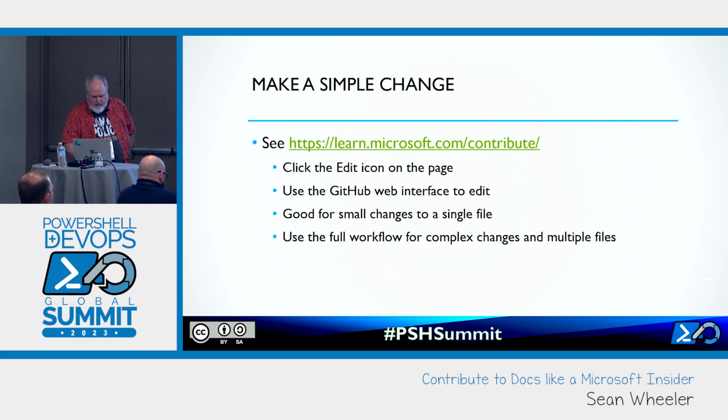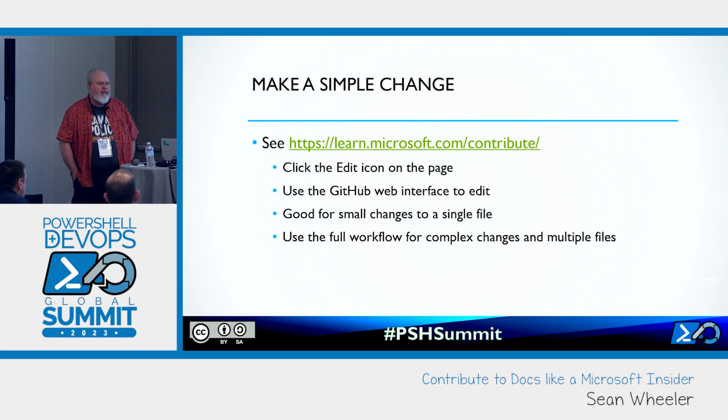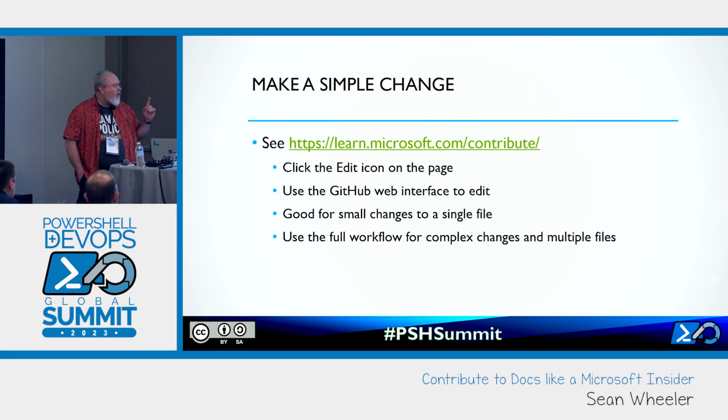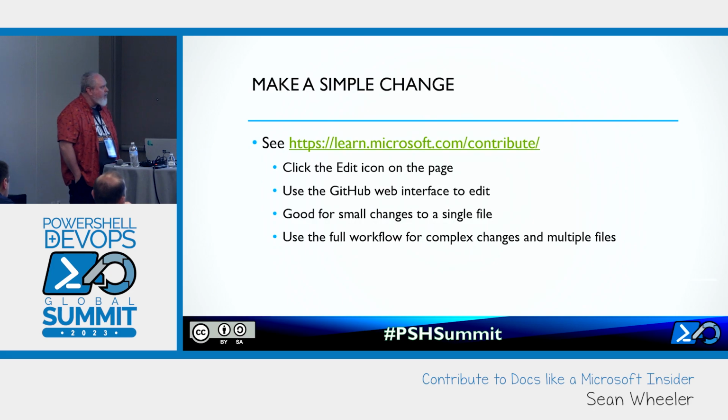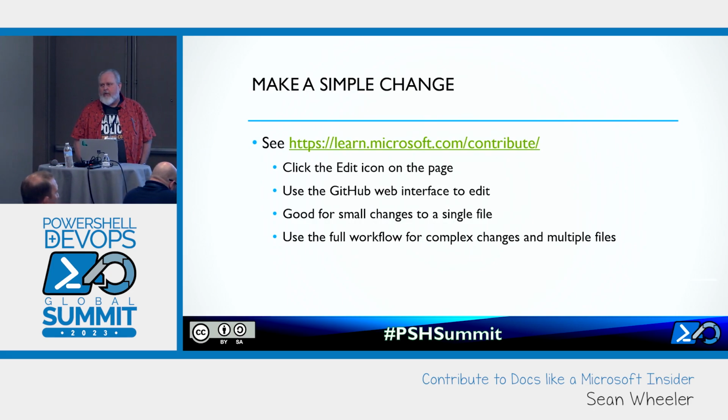Okay, so let's get into the ways to contribute. The easiest way, you're in the docs reading and you see a problem, see a typo that needs fixing. You can choose the edit icon right at the top of the page, and that takes you to the GitHub source for that page.